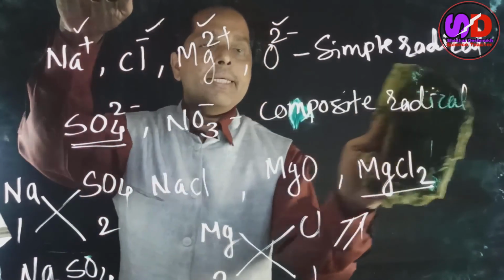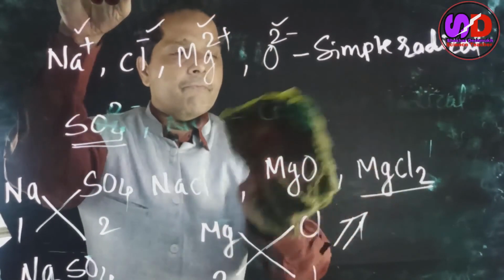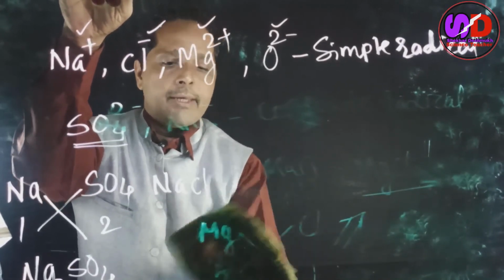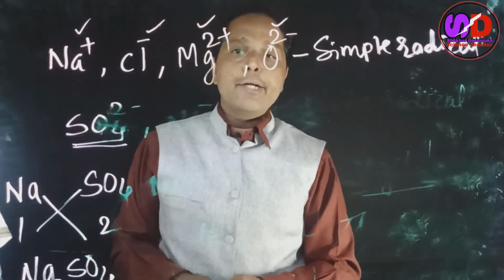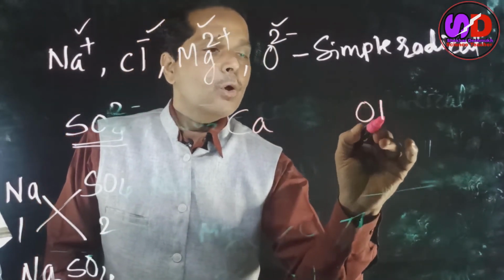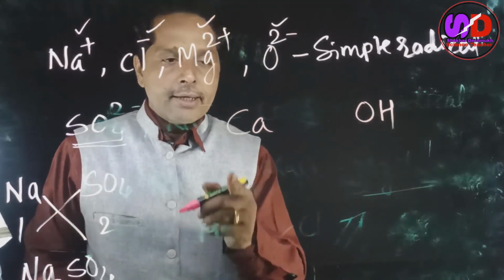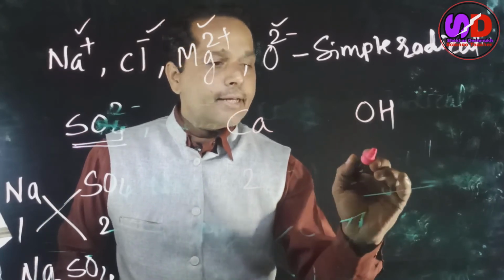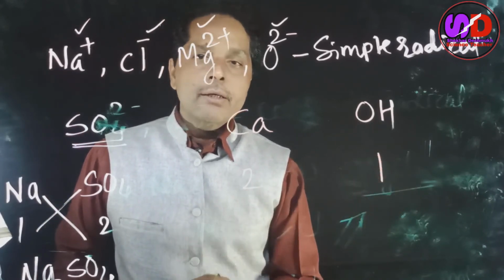One simple example we will see here: calcium and hydroxyl group, calcium and OH group. Calcium has valency 2, the OH group has valency 1.